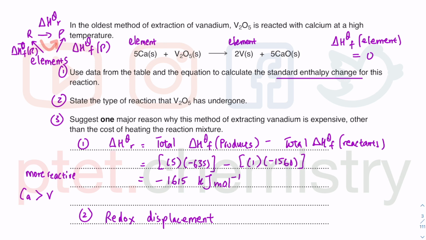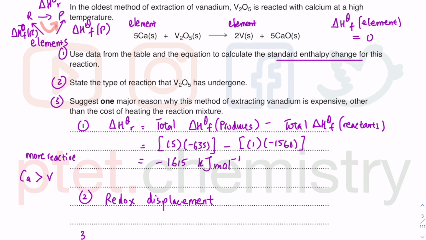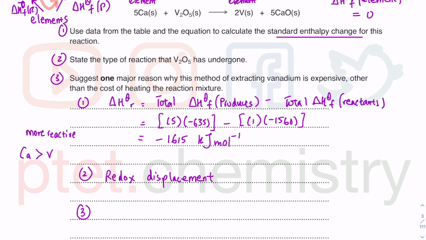I guess we can also think about how we are wasting a precious element in order to extract this V2O5. It says suggest one major reason, so not the energy cost in terms of high temperature. I'm thinking that we are wasting precious calcium metal, which could be used for something else. So perhaps it could be one of the reasons.